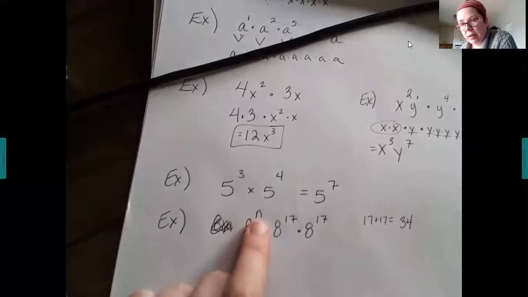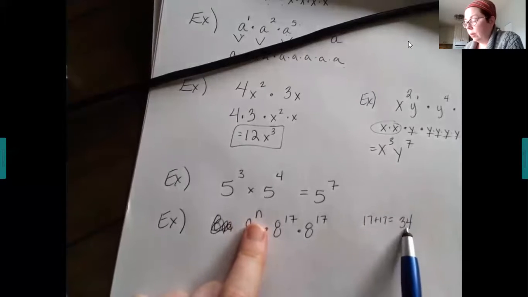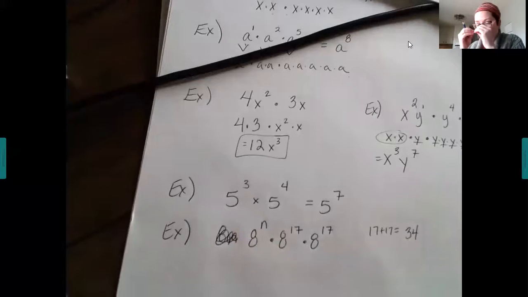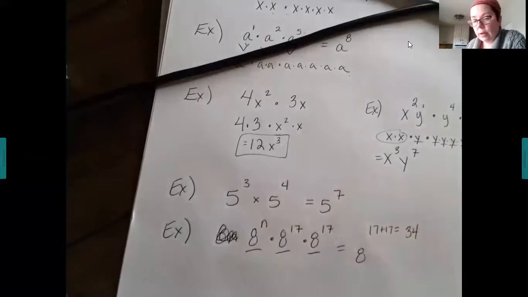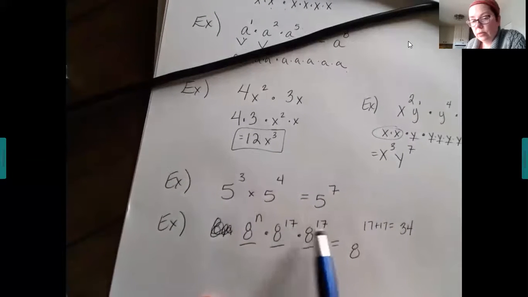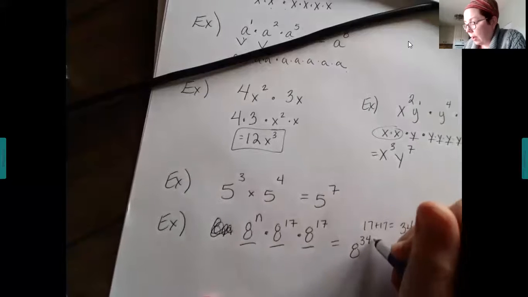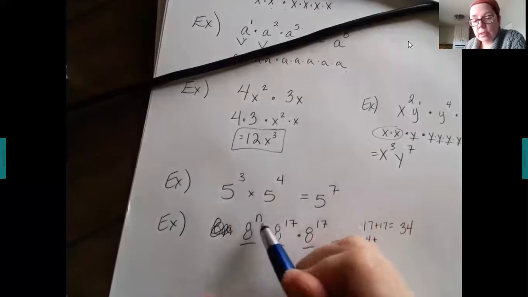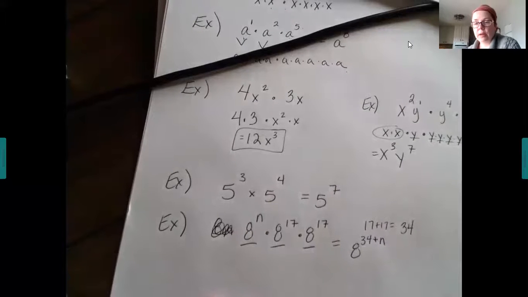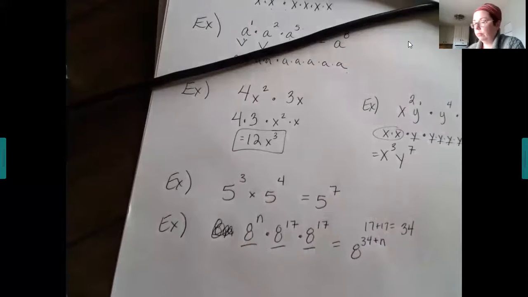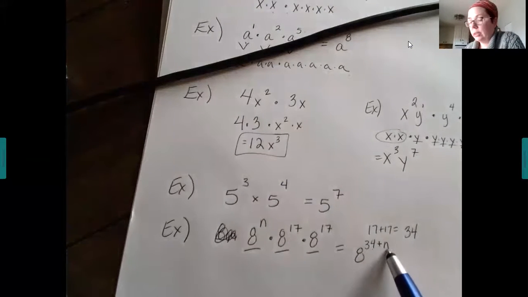Well, we have this 8 with an n on it, and that's okay. But remember, we can't add numbers and letters and make it into one thing. So our base is still going to stay 8. We can add these two together, so we get 34. And I'm going to add plus whatever this is. It's not a thing with only numbers left in it. It just happens to be 34 plus n.